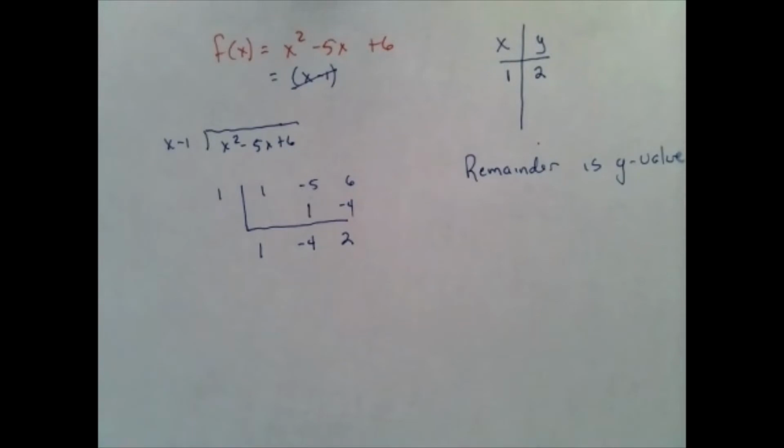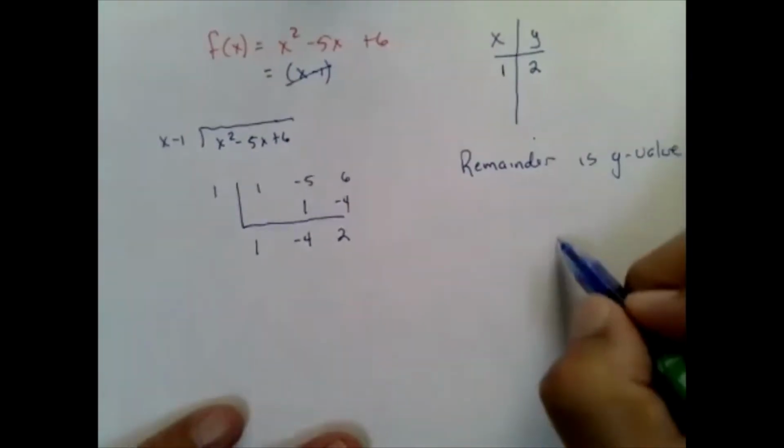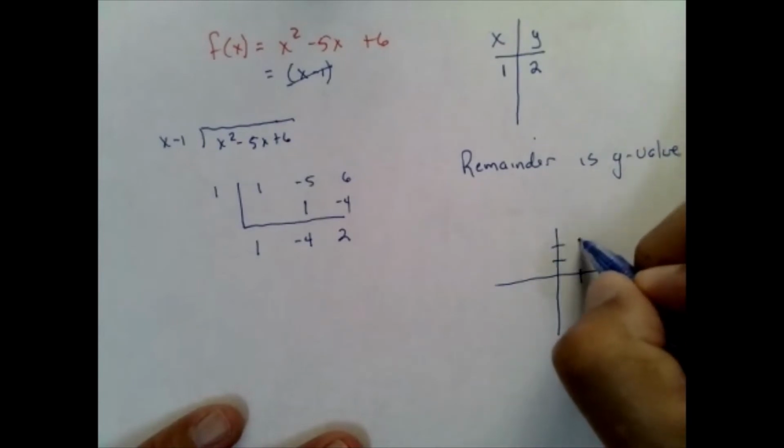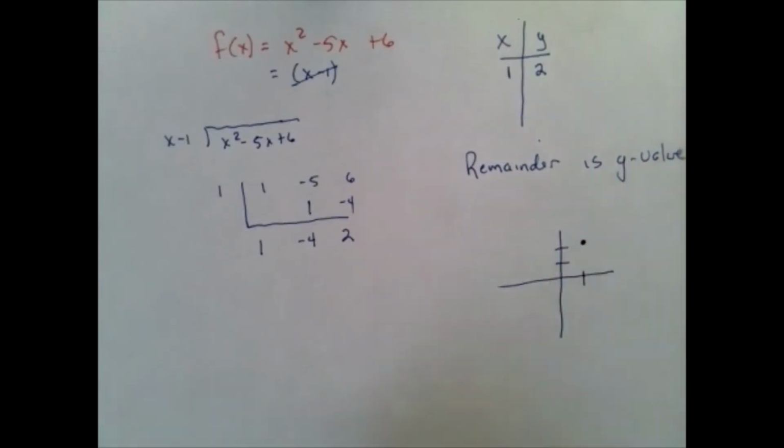Somebody else give me another number guess. 2. All right. Meanwhile, back on my graph, I have the point 1, 2. And again, I know it's not an x-intercept.